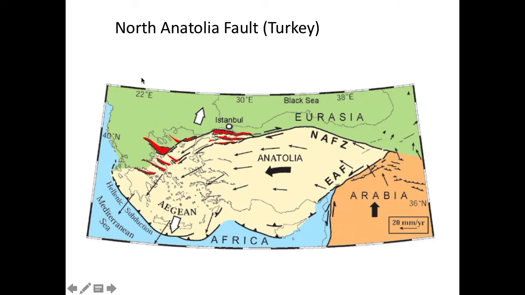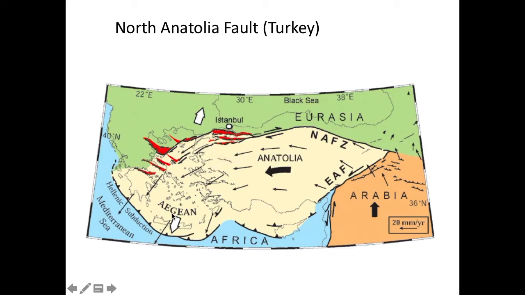Turkey has a beautiful fault, the North Anatolian Fault. So as Arabia is pushing north into Eurasia, it's kind of squeezing out Turkey to the west. These little arrows are motion that's detected from GPS. So people put out GPS, leave them out for months or years, and they can see the motion recorded in those.